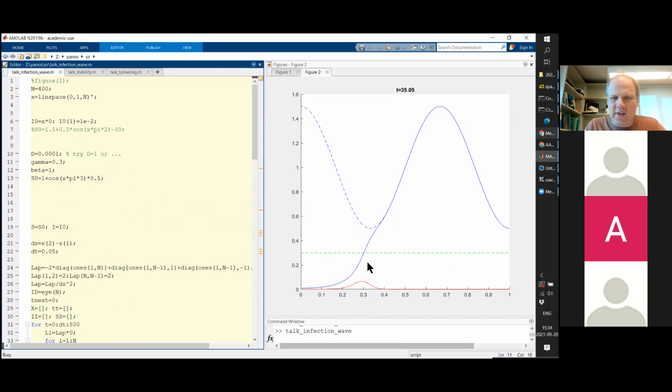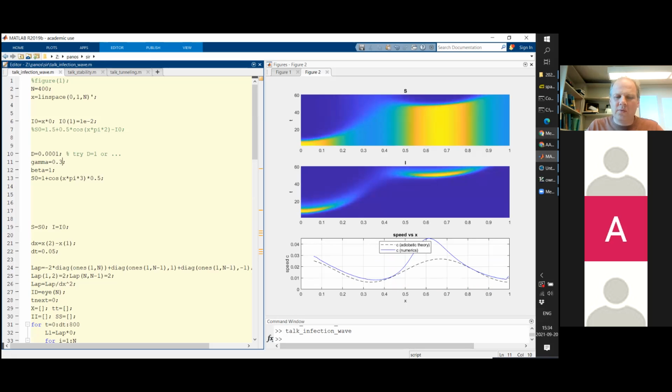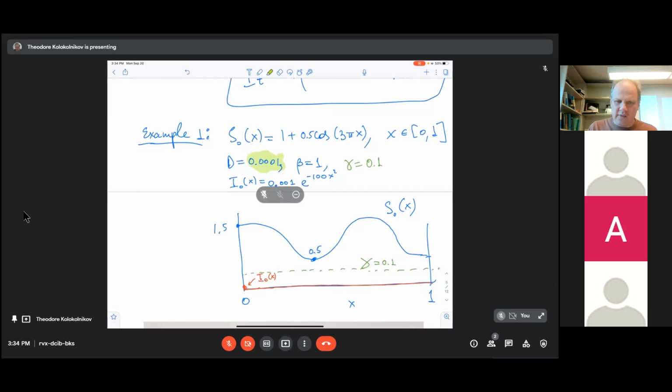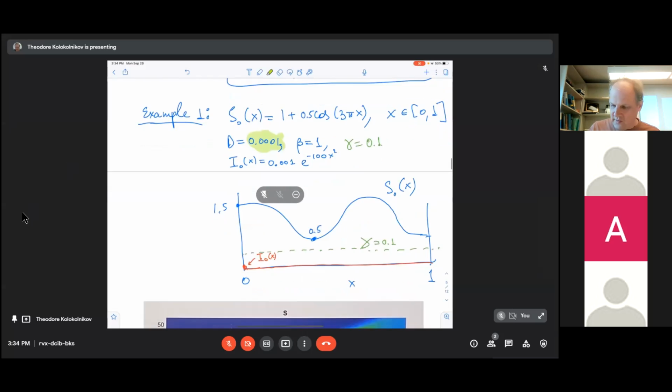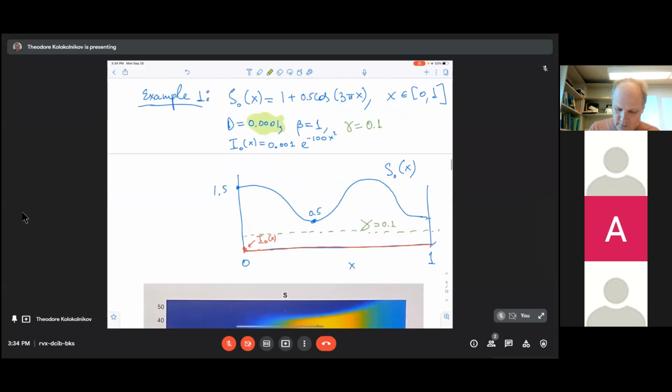Again, it's kind of stuck in here, but then eventually it propagates, and it even exhibits some kind of almost super diffusive behavior where it jumps. The wave doesn't just continuously go from left to right, but it can actually jump. All right, so that's what the simulations of this model look like.